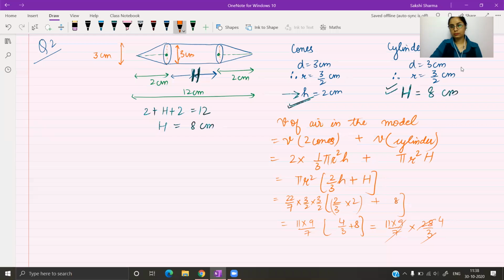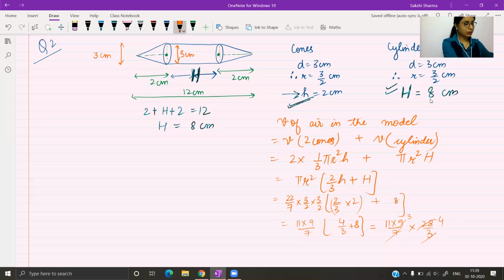Are you sure? Please check. Ma'am, 132 centimeter cube. Let me just see. Yes, ma'am, it's 132.